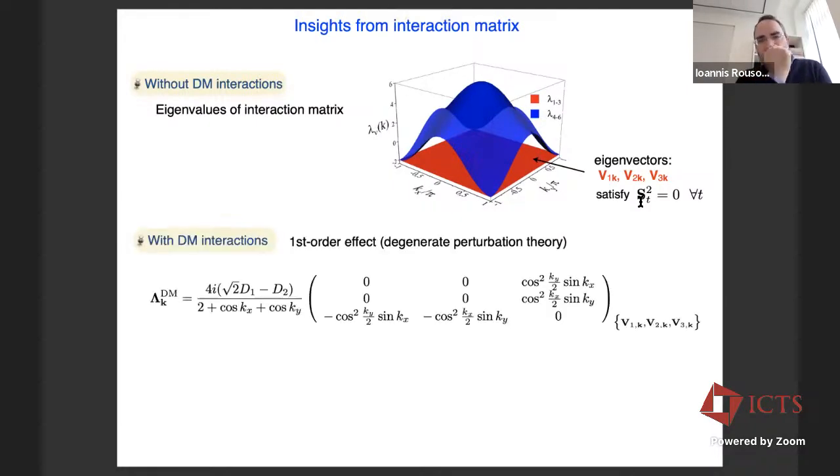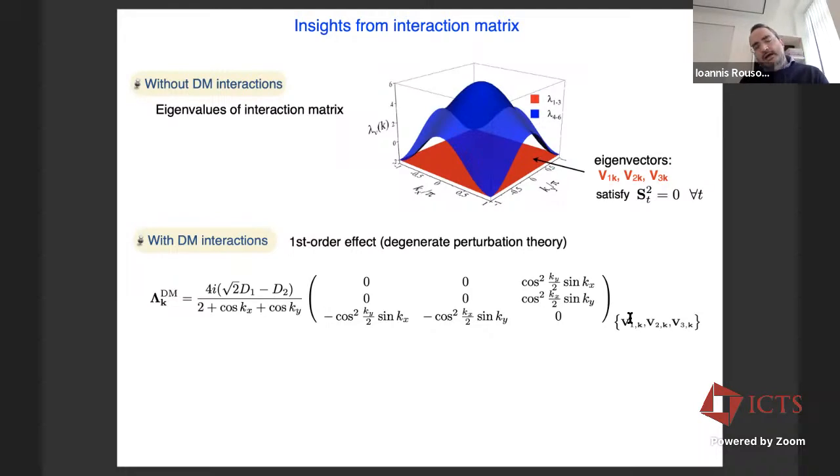And then we can say, okay, what if now we switch on the Dzyaloshinskii-Moriya interactions? We can approach this in a perturbative way. We can take the first order effect of the interaction. It's a degenerate perturbation theory. So we project into this 3 by 3 subspace, and we look at the interaction matrix in that subspace.